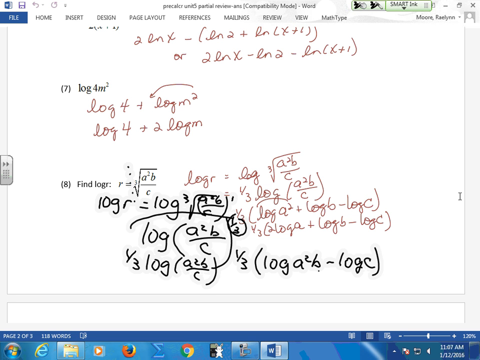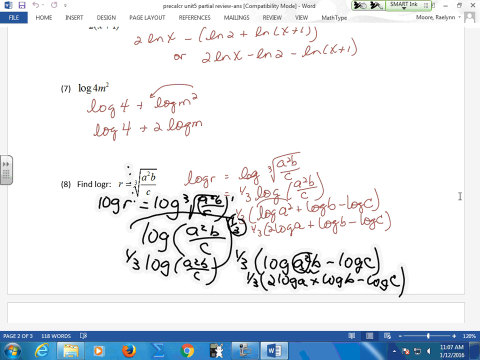This is a product. What was I doing when I was multiplying my like bases? Adding. And then once you separate them, you can bring down your square. It only belongs to your a. So 2 log a plus log b minus log c. I don't need parentheses within that inside one unless you want to put it there, because it'll automatically do your add and then your subtract.